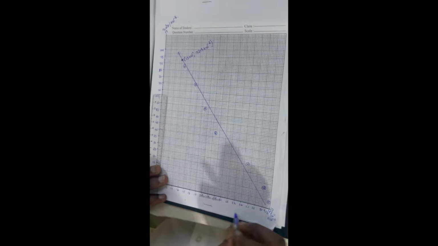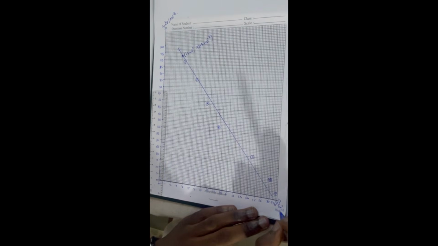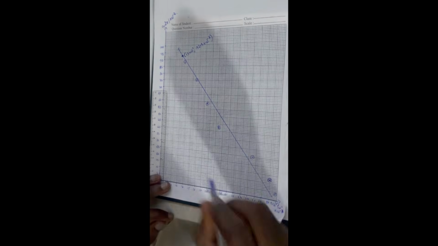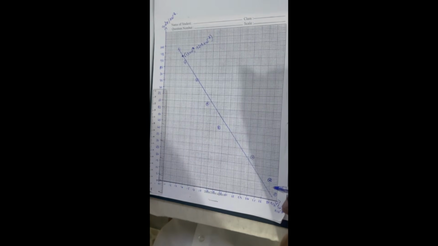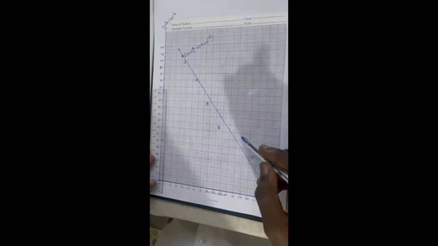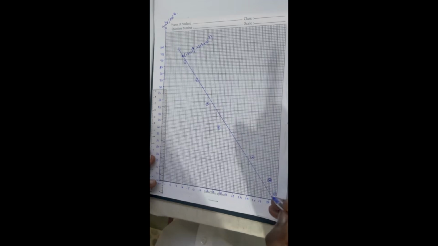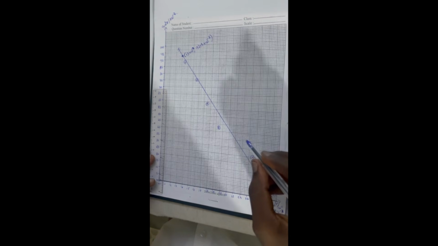But please correct here: it is times 10 to the negative 3. I forgot. Any value I'm taking here should be times 10 to the negative 3. Then you choose another point that will be easy for you to locate the x and y coordinates.